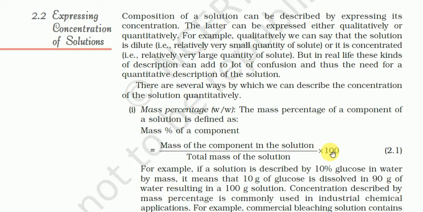So the mass percentage obtained in this aspect will be denoted with the tag W by W that you have seen, and it is generally used when commercial bleaching solution or hypochlorites in water, such as sodium hypochlorite in water type of solutions, are measured.